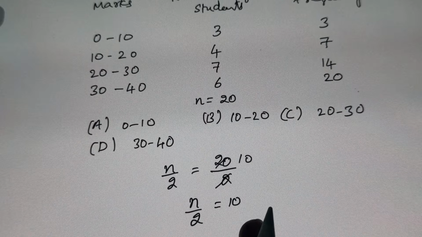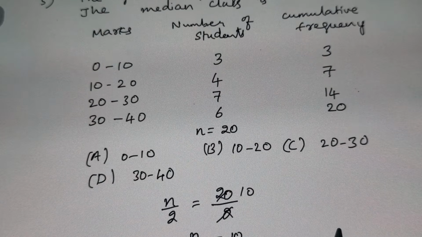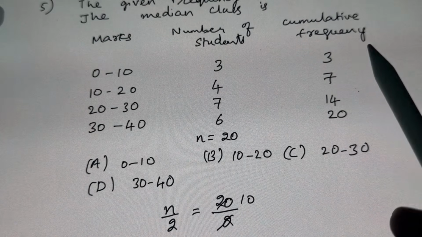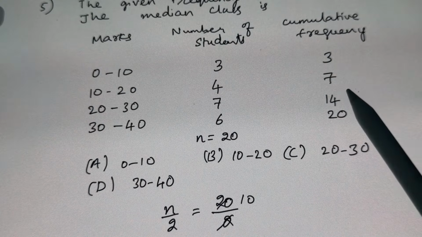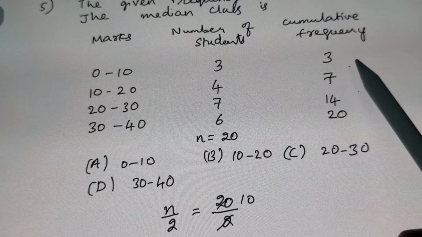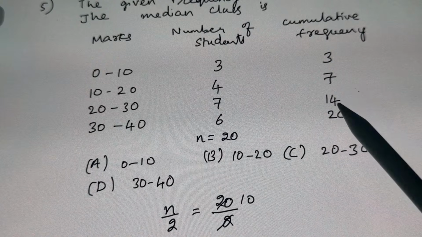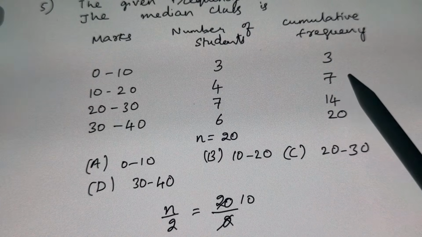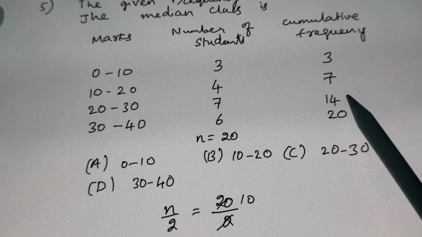We have to check the value of 10, which must be present in the cumulative frequency or nearer to 10. Here in the cumulative frequency we have 3, 7. Next to 7 is 14, but the 10 will come in between 7 and 14. So you have to check the 14 class.